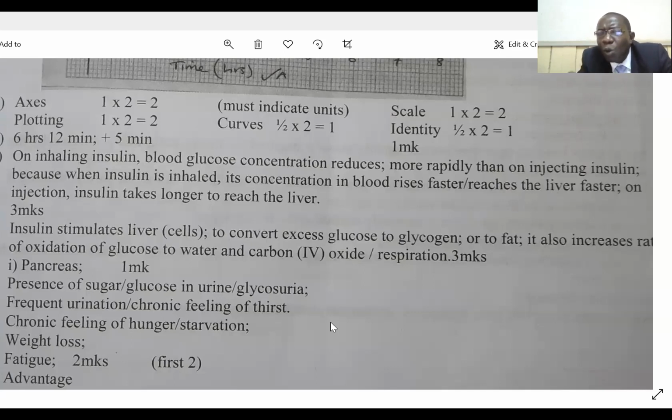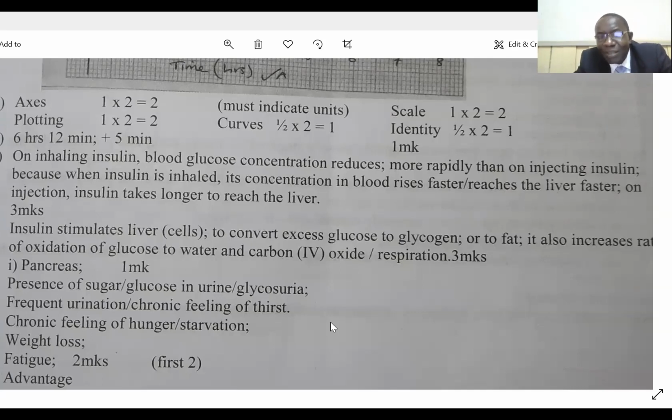At which point will it reach the liver faster? When it is injected, it will have to move through all the body parts until it reaches the vena cava, until it reaches the heart, until it reaches the lungs, until it comes back to the heart, until it is pumped to the liver. It's a long distance.